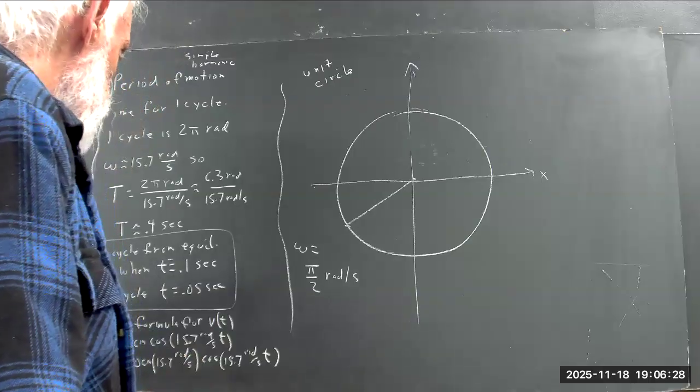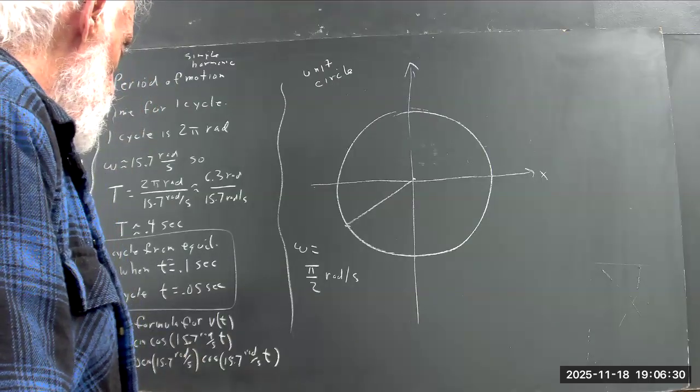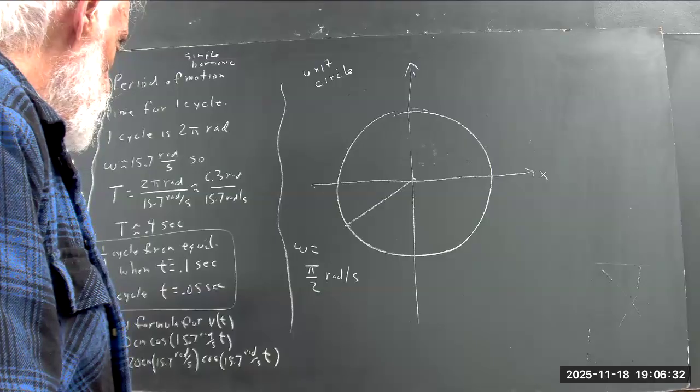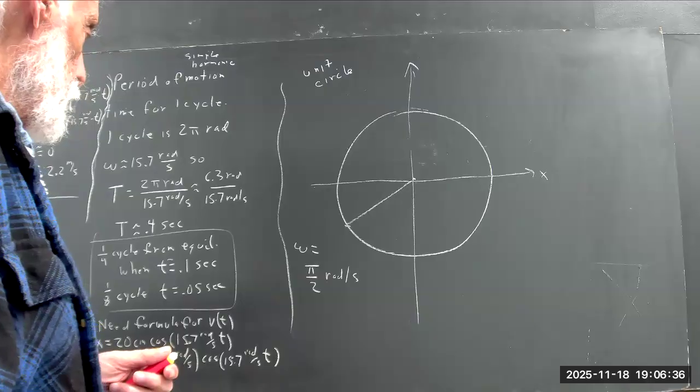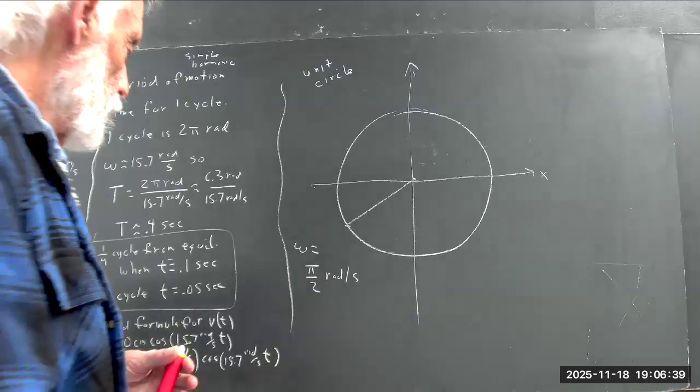Did I say that right? It is, and it's like 10 pi over 2, or 5 pi.